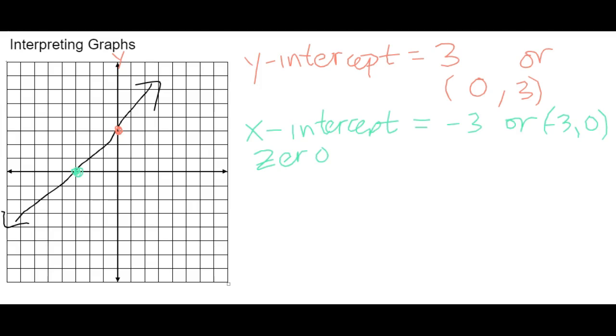Now, one thing a line doesn't have is a max or a minimum. So I'm going to draw a second graph. And let's talk about its special coordinates. So this still does have a y-intercept at -1.